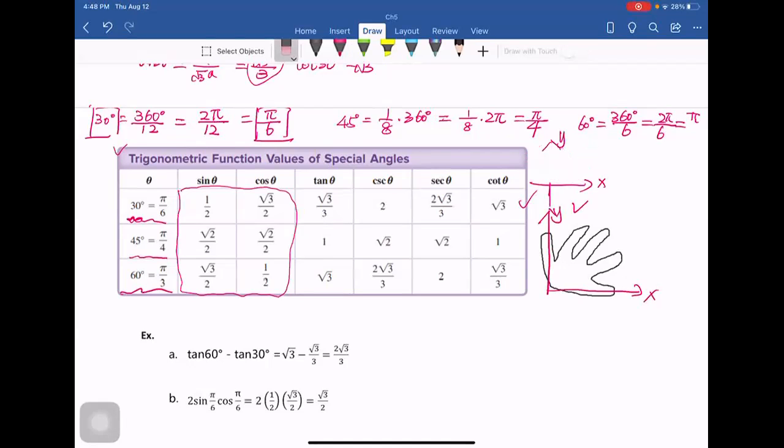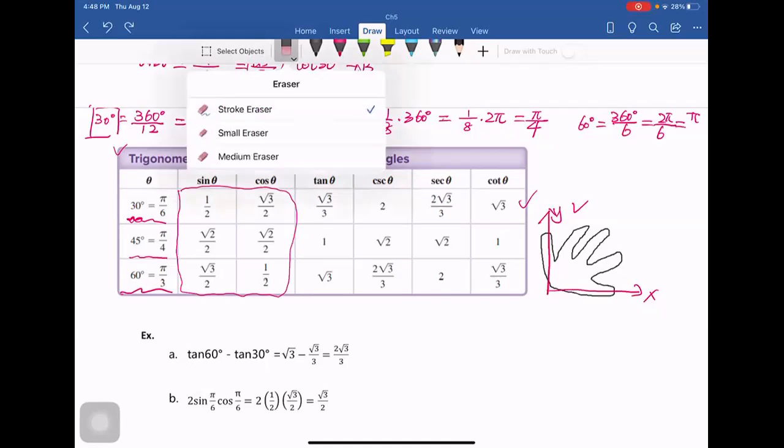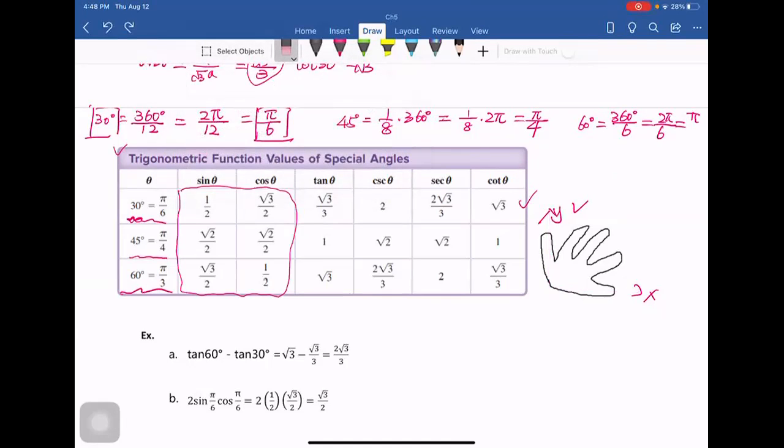Let's clean this. Assume this, oh no. So sorry. This one is 30 degrees, and this one is 45, it's in the middle.